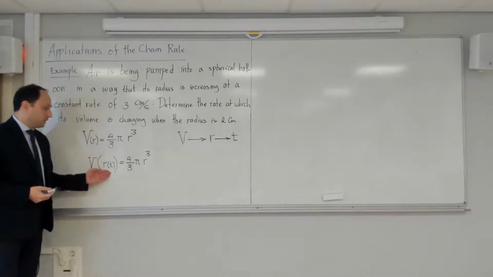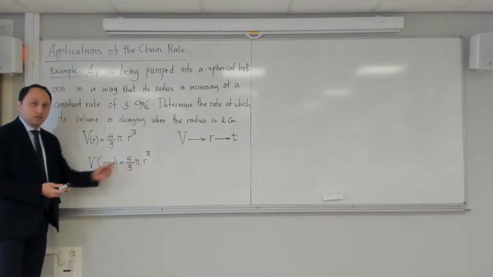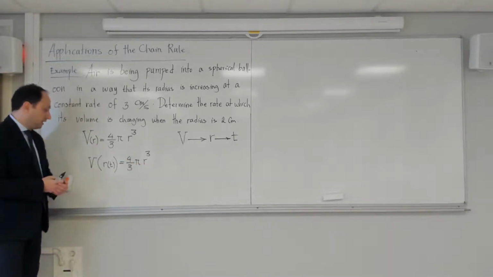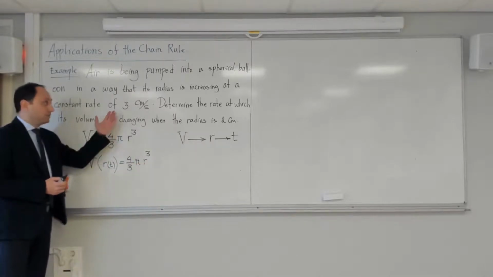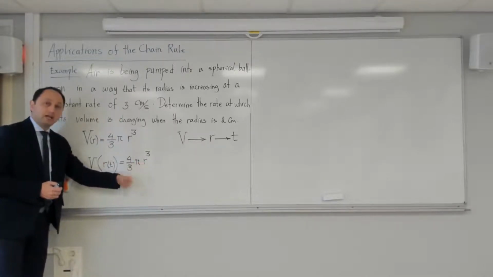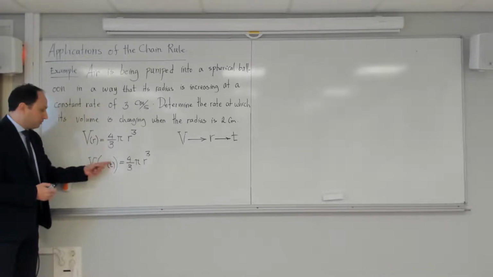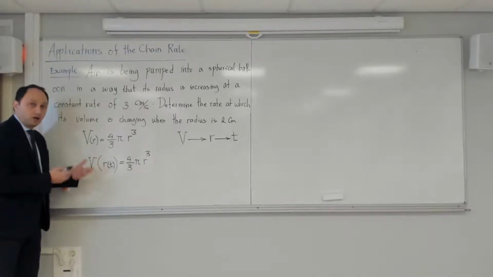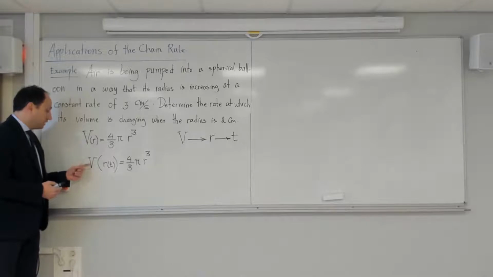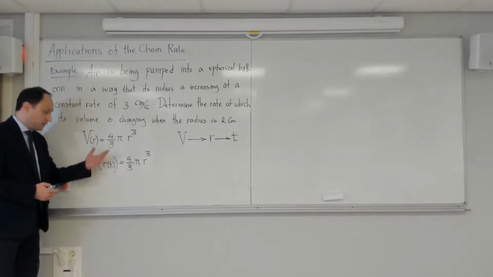You might say, I don't see T dependence here explicitly, but you can understand from the problem that R depends on time implicitly. So V depends on R, which depends on T. Of course, I can talk about the rate at which V changes with R. I can also talk about the rate at which V changes with T over time.